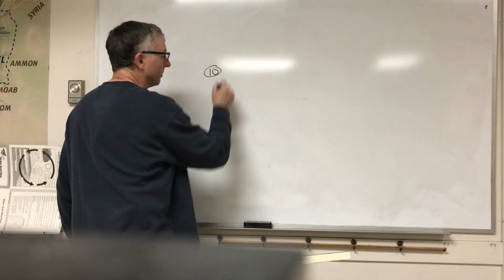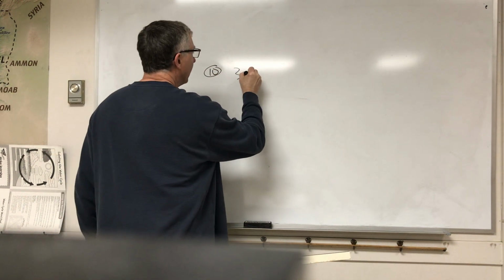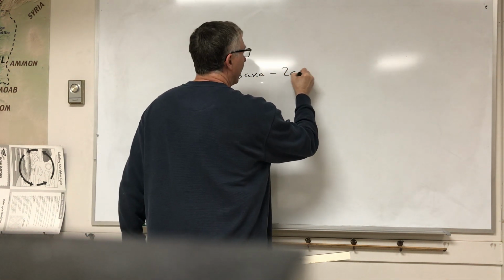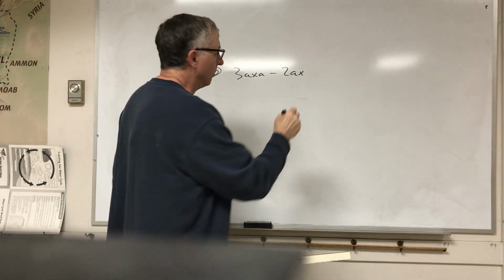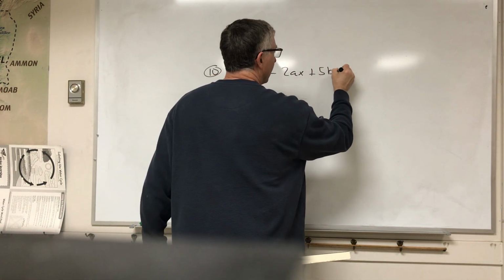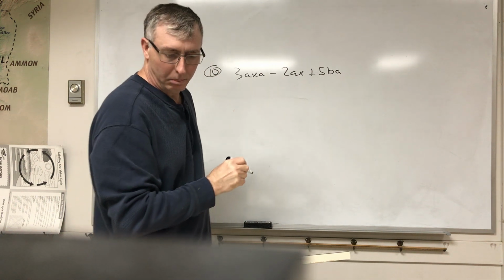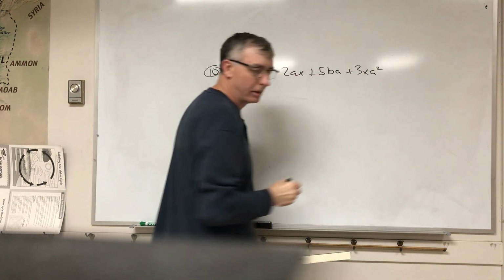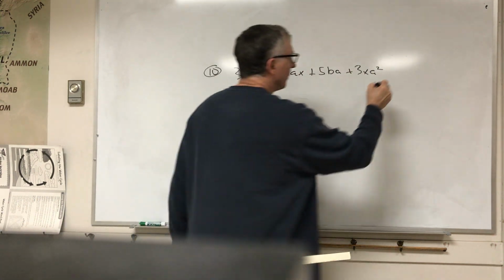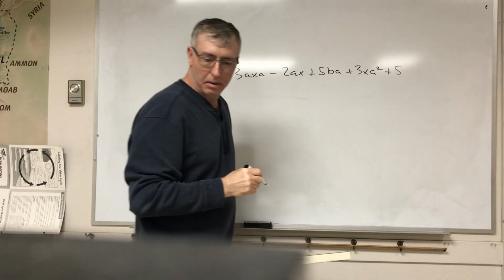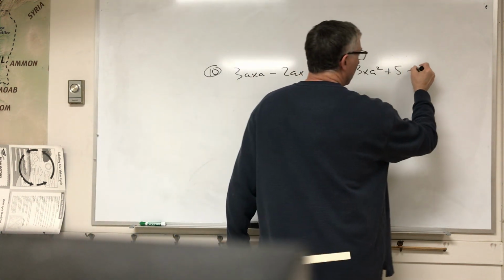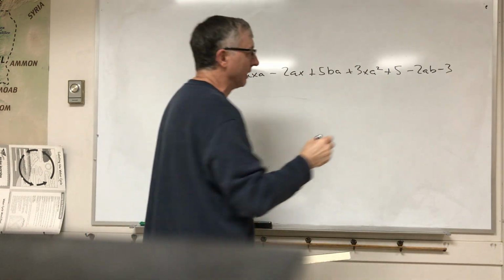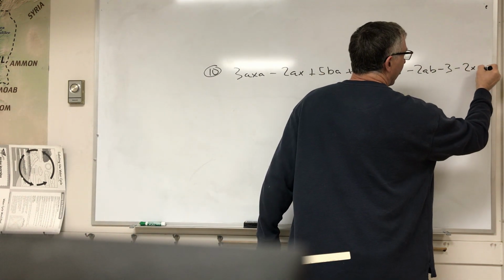And so I have 3ax, minus 2ax, plus 5ba, plus 3xa squared, plus 5, minus 2ab, minus 3, minus 2xa.